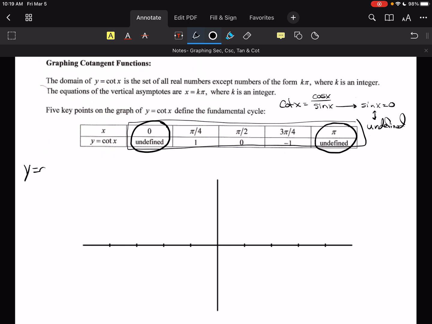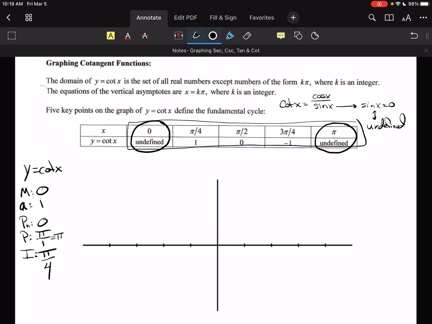Now, just to do the acronym one more time. A is 1, zero, no phase shift, period again, pi over b. So just pi, and then my interval, pi over 4s.